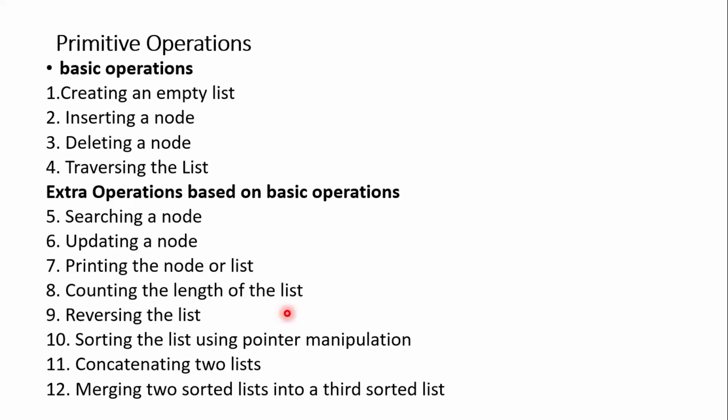And next, sorting the list using pointer manipulation. So if you want to sort, see, I didn't say that the values stored in the linked list are always sorted. I mean data in numerical values. They may not be in a sorted manner, like 4, 10, 5, 7, 0, 1.